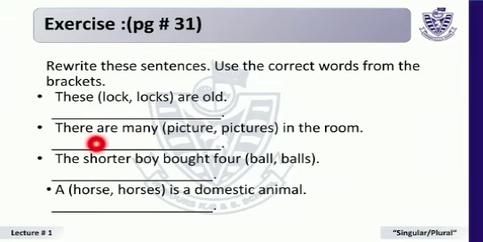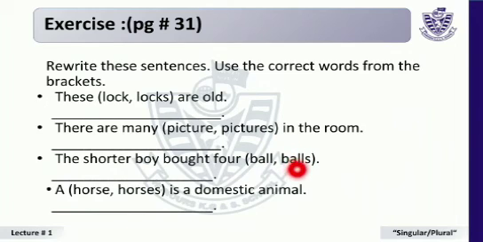Next one is there are many pictures in the room. We will choose plural noun from this bracket and we will write here there are many pictures in the room. Next one is the shorter boy bought 4 ball or balls.